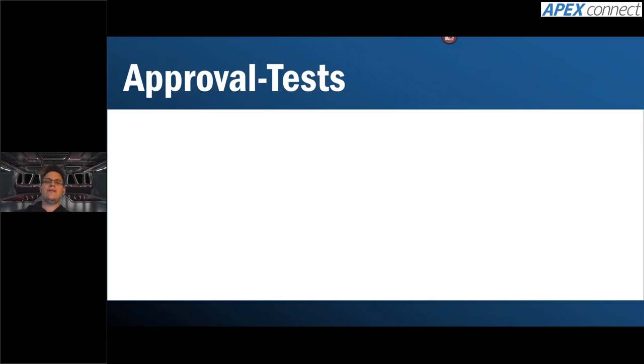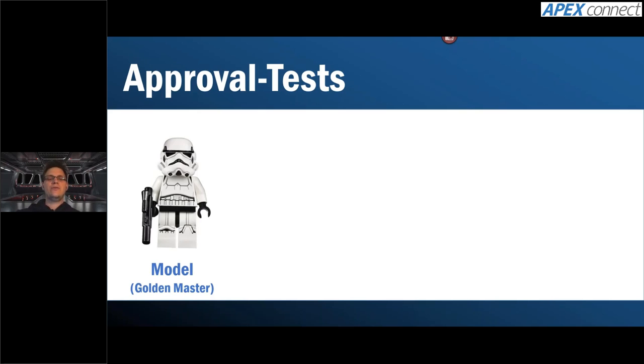And what we did here is some kind of approval test. Compared to unit testing, where we really try to have a single test for each specific functionality, we just use a model, an overall model, which is also sometimes called the golden master.